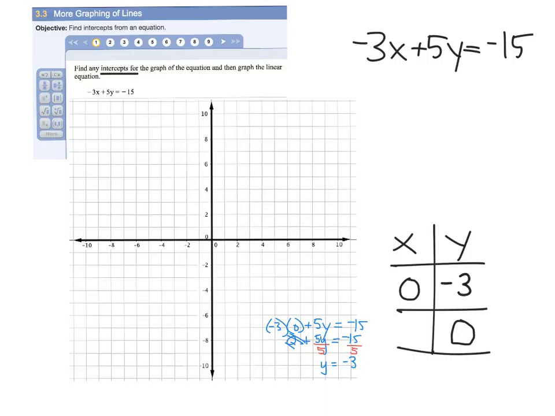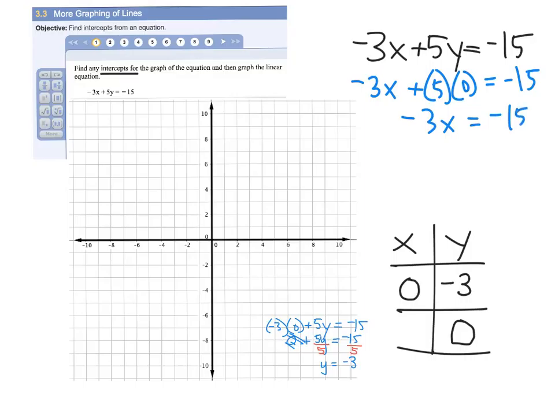Now we do the same thing, only this time y is 0 and we figure out what x is. So we have negative 3x plus 5 times 0 equals negative 15. Since 5 times 0 is 0, that becomes negative 3x equals negative 15.